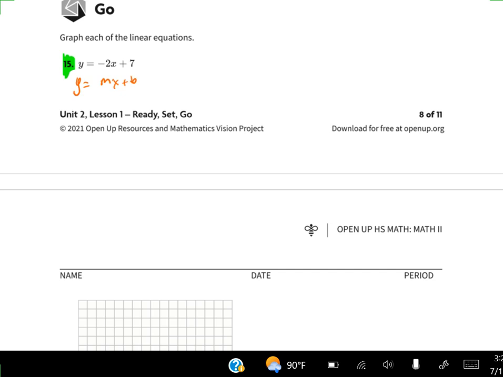So here, in this case, b is the y-intercept, so the y-intercept is equal to 7, and the slope, the m, is equal to negative 2. All right, so when we are given an equation in slope-intercept form, the easiest way to go about it is to plot the y-intercept and then use the slope to generate the rest of the graph.